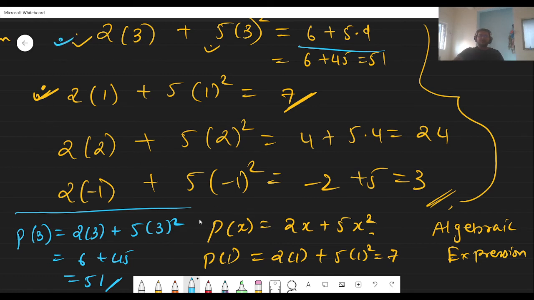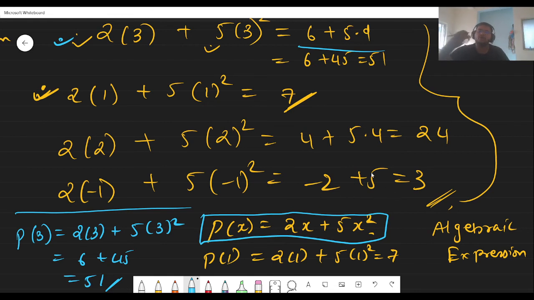And how did we make this expression? Because we were able to see a general pattern: the number is multiplied by 2, and afterwards it is added to a second term, which is 5 multiplied by the square of the number. This is called an algebraic expression, where we write the general form, and basically at the end it is going to convert into a number, because the variable will assume the number.